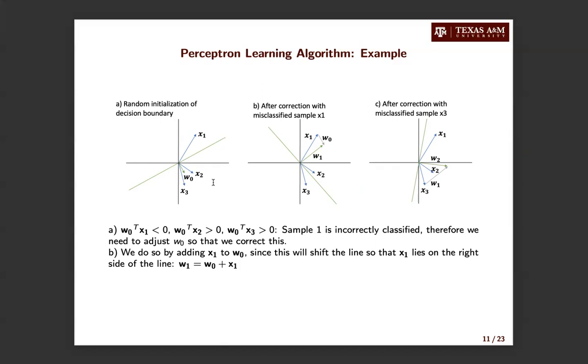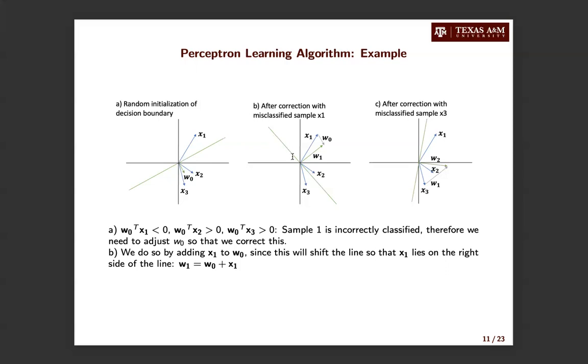So how can we adjust the line in order to make sample x1 also correctly classified? We can add sample x1 to the vector that represents our initial line W0. And by doing so, as we can see here, when we add x1 to W0, we get a new vector W1, which also has this perpendicular green line to it.